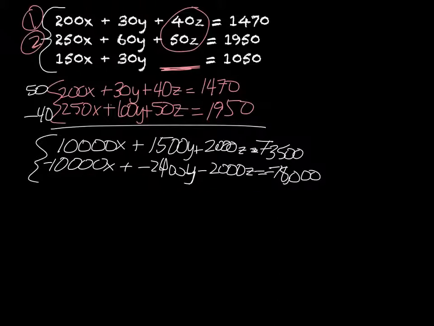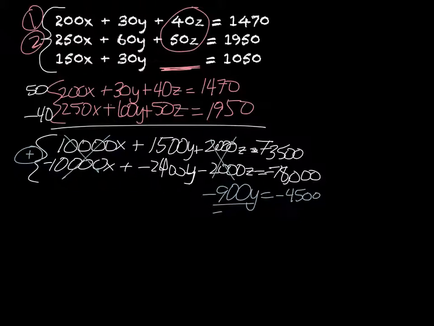And that's my new system of equations, so I'm going to add down. So my x's are actually going to cancel out. That was kind of a bonus because we were trying to cancel out our z's, but they both canceled out, which is fine. And then 1,500y minus 2,400y is going to give me a negative 900y equals 73,500 minus 78,000 is negative 4,500.